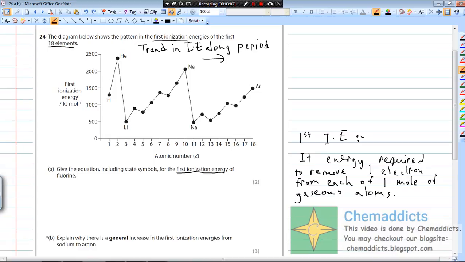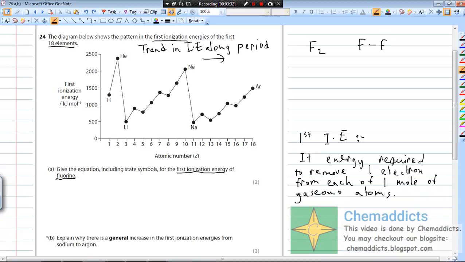Here they have asked us to find the equation for the first ionization energy of fluorine. We know that fluorine exists as F2, diatomic molecules, in nature. So it will have 2 fluorine atoms.